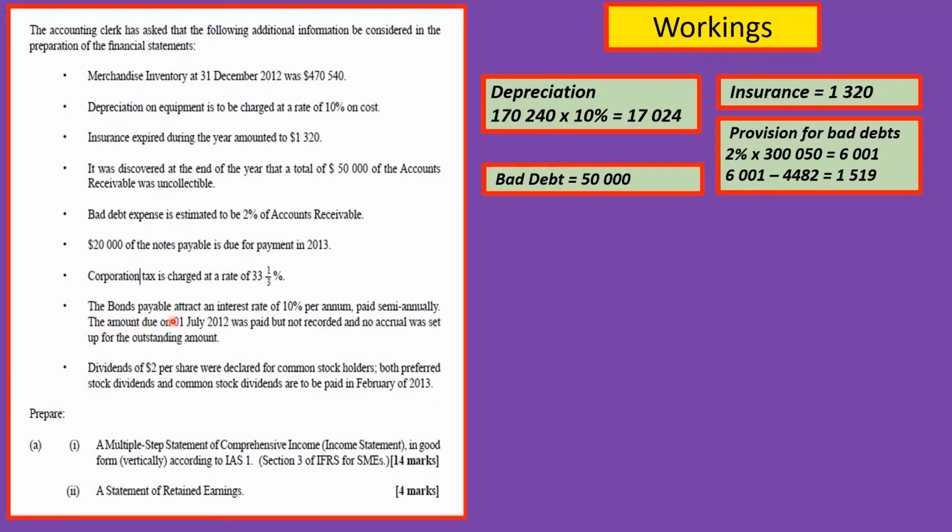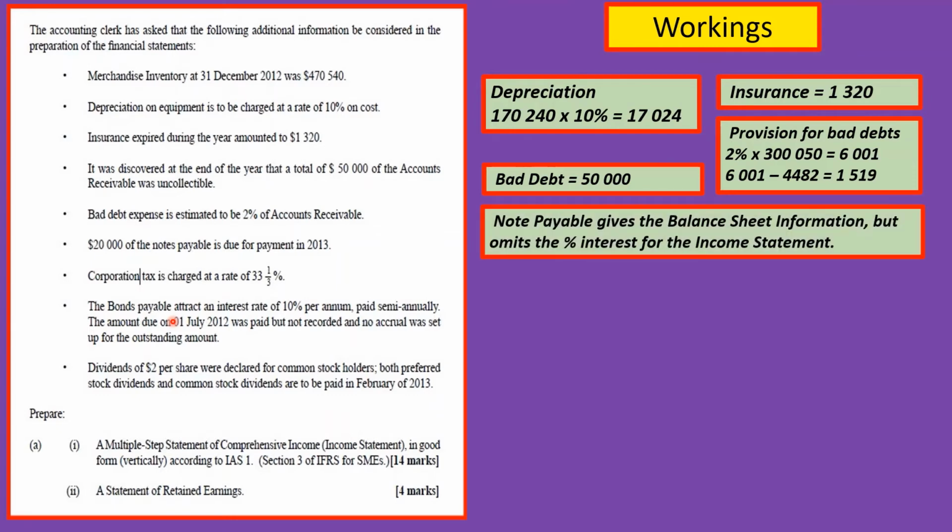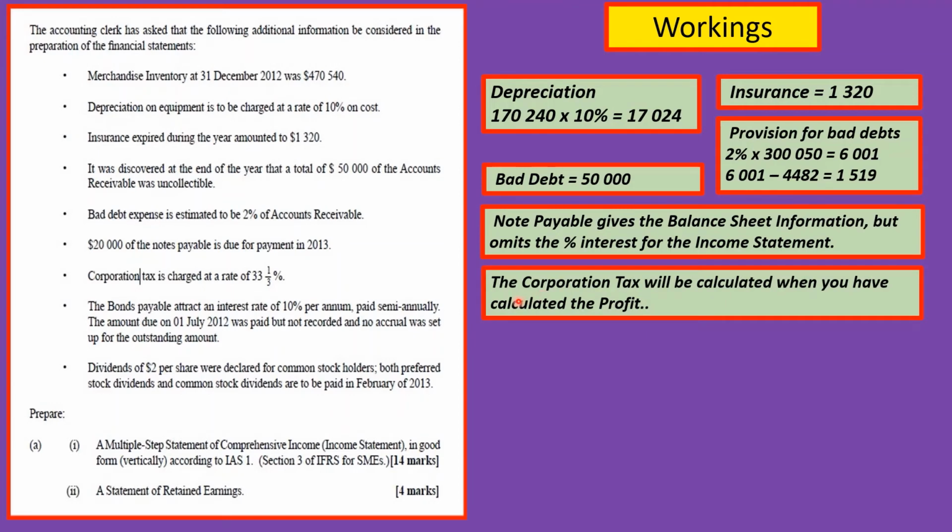The bond payable attracts an interest of 10% per annum, and it's paid semi-annually. What you need for your income statement is one year's charge. The corporation tax will be calculated when you have calculated the profit.